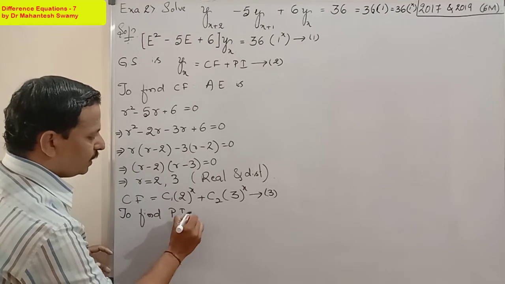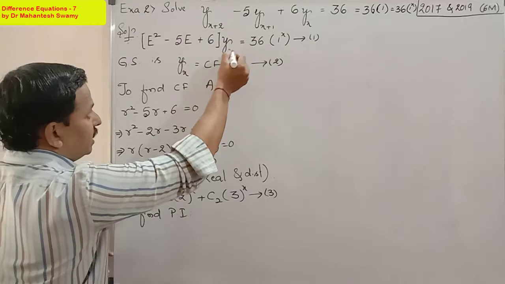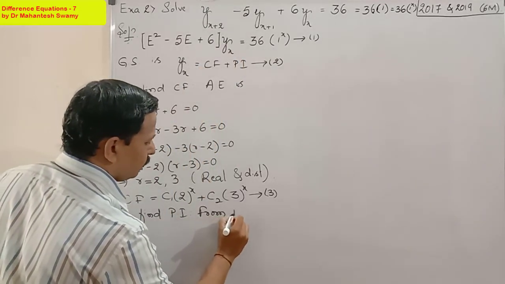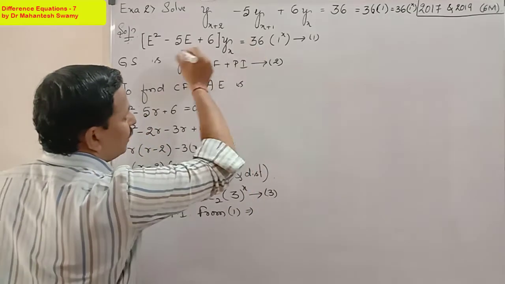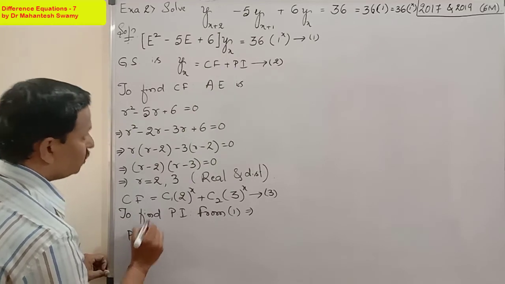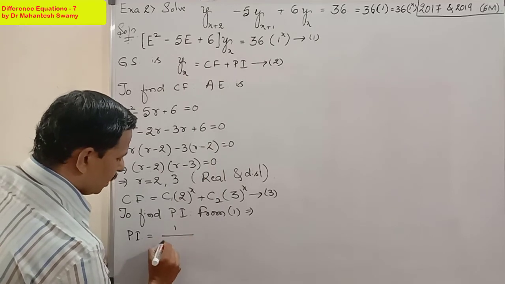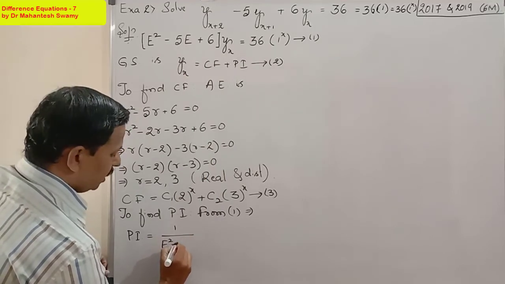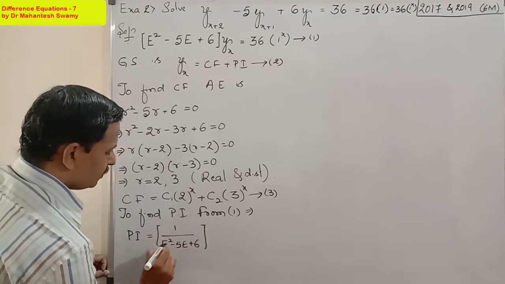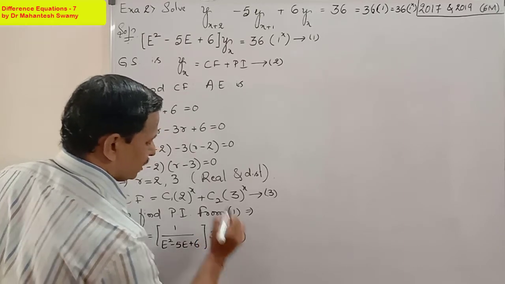In order to find the particular integral, what should be done? We have to use equation number 1. From equation 1, the particular integral is equal to, transferring it to the other side, 1 divided by (E square minus 5E plus 6) operated on 36 into the bracket 1 to the power x.